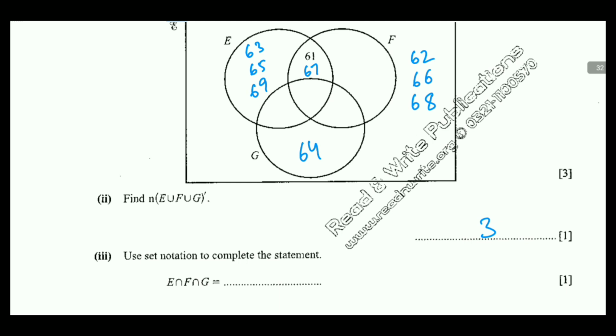E intersection F intersection G means the intersected part of all three sets. So this is the intersected part of all three sets. That is empty. So you will write null set or empty set.